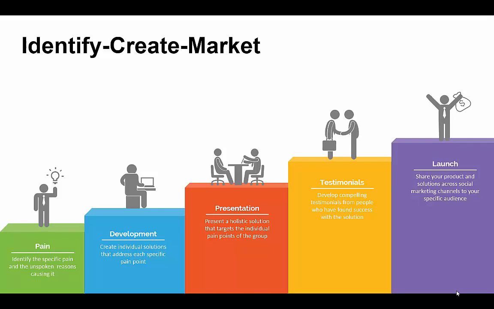Maybe the vehicle that we are selling them gets the best gas mileage in its category and is the lowest polluting. It's still not a Prius, but it will meet the needs of our target audience while meeting the needs of their social network. Identify the pain, create a solution, and market to that specific group.